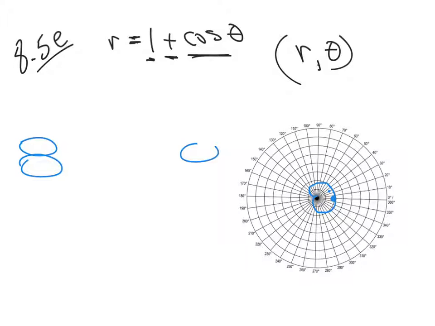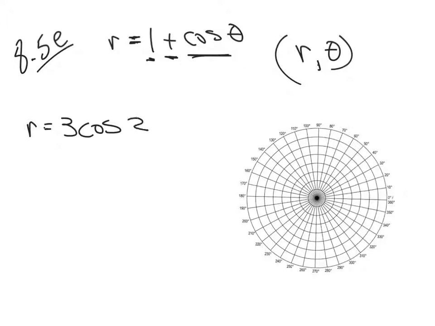Let me get rid of some of my junk here. And number 5 says that R equals 3 cosine of 2 theta. Alright, so let's look at 366 and see what the heck that is. Okay, so let's see here, a problem that has a number in front of the cosine.